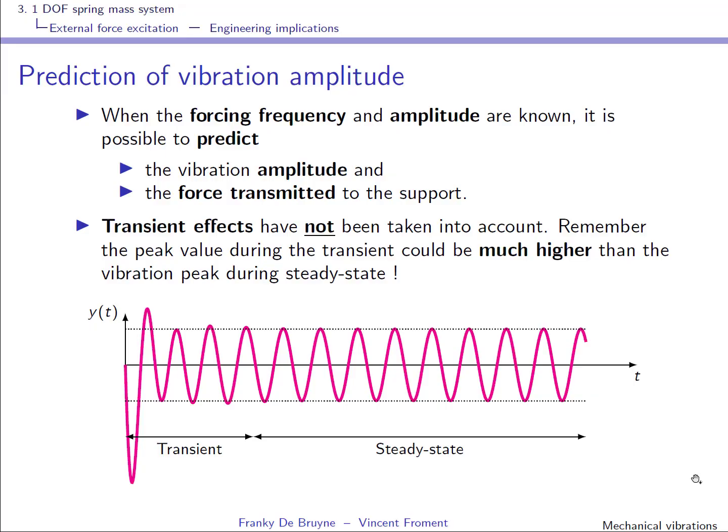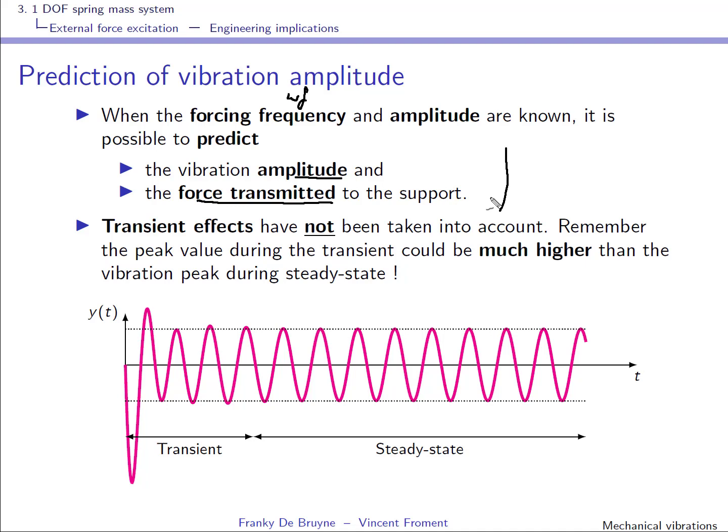With what we have seen before and knowing the forcing frequency omega f and the amplitude of your external force, it's possible to predict the amplitude of vibration and the force that is being transmitted to the support, so you can use that for design.